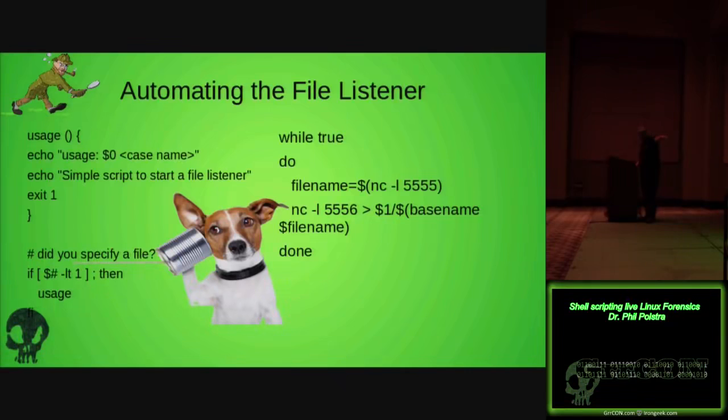So it's going to drop into the next line where I create another listener on port 5556, and I redirect everything to my file. And then what it's going to do is it's going to go back to the top and create another listener for a file name. And it works pretty well. It's like the poor man's FTP, essentially.